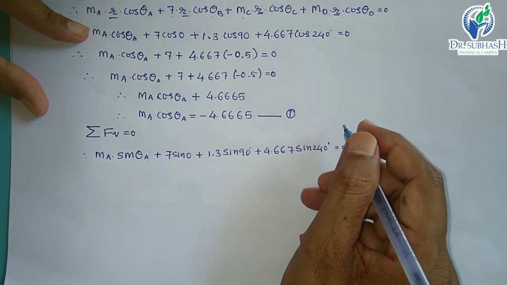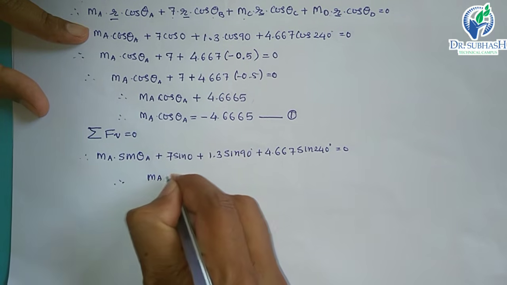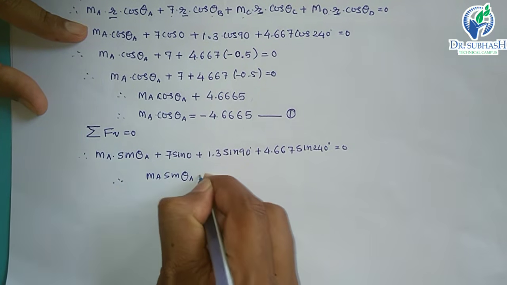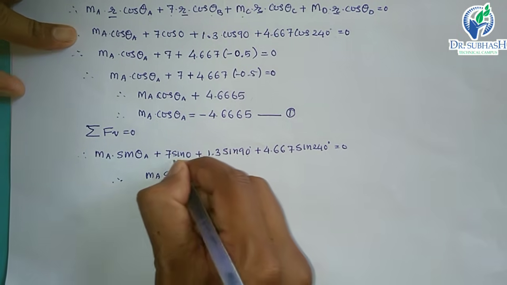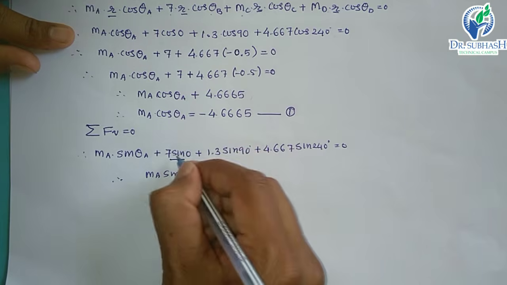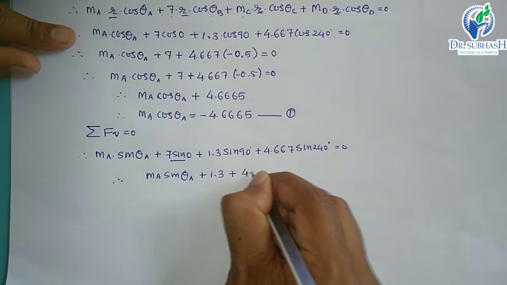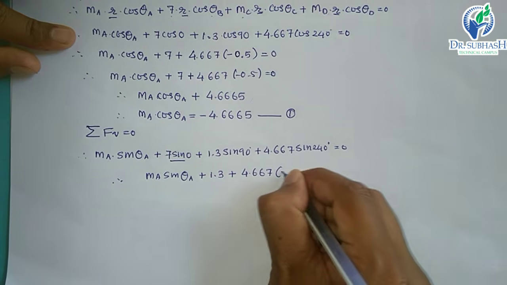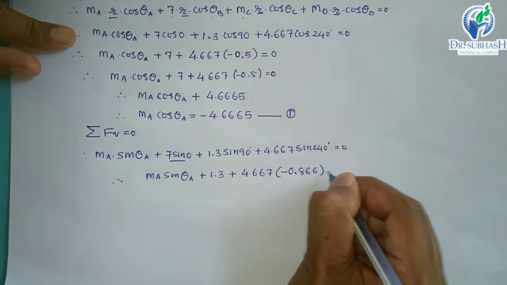If we simplify, then we get ma sin theta a plus, here sin 0 is 0, and sin 90 is 1, so here we get 1.3 plus 4.667, and the value of sin 240 is minus 0.866, is equal to 0.